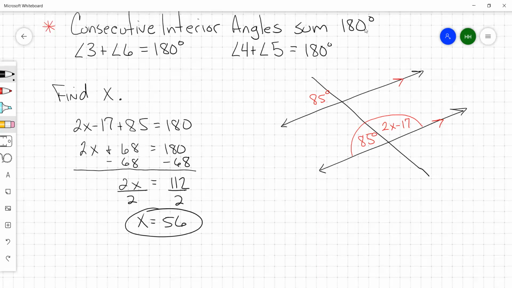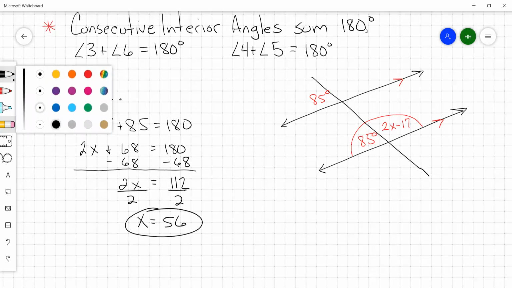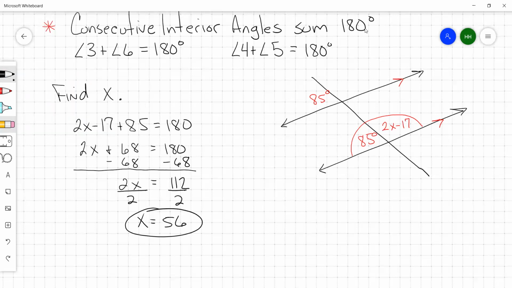Now, while we're here and we've got these other angles without a measure, let's fill in some angle measures. If this angle is 85 where the cursor is, we talked about vertical angles a couple weeks ago. These two angles where the cursor is bouncing are called vertical angles. They're formed by two lines and they're congruent.